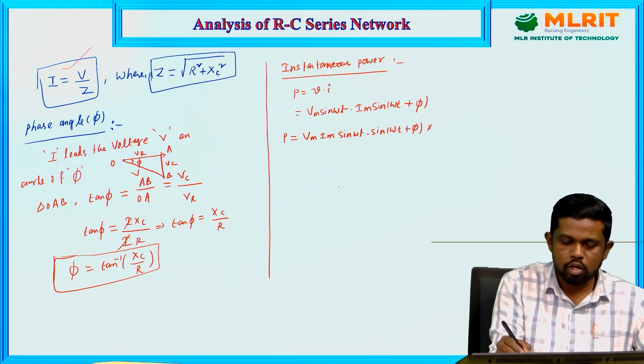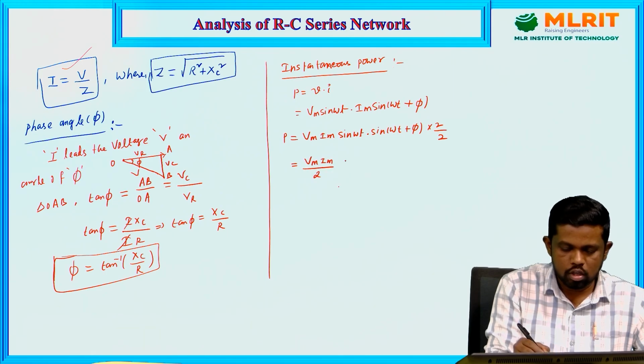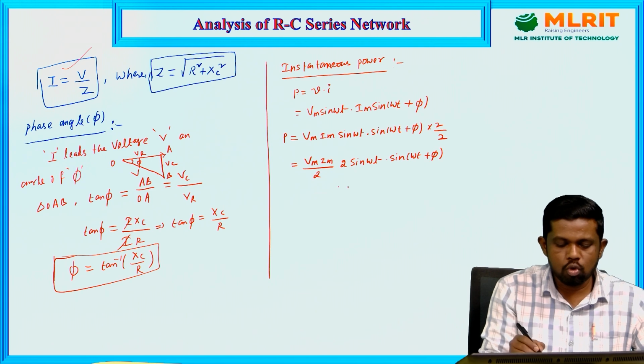So we need to do some multiplication here, with the help of 2 and 2. So we will get Vm Im by 2 times 2 sin omega t into sin of omega t plus phi. So the whole term looks like 2 sin a sin b.